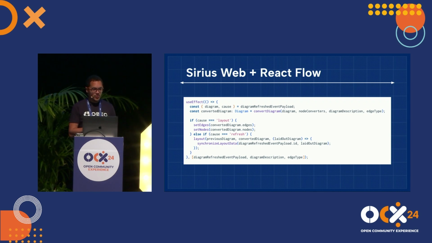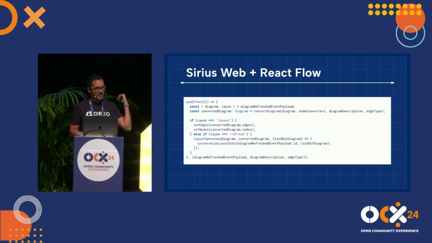We can have two causes for the refresh: it can be a layout or a refresh. If the diagram has just been computed, we will go in the refresh part. In the front end, we will perform the layout and send the layout back to the back end, which will then give the properly laid out diagram to all users.